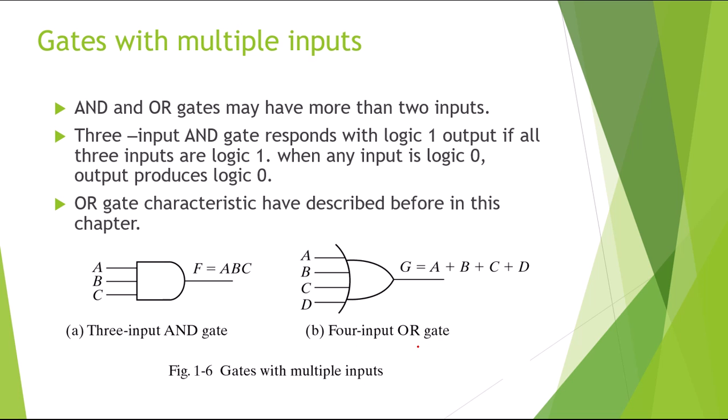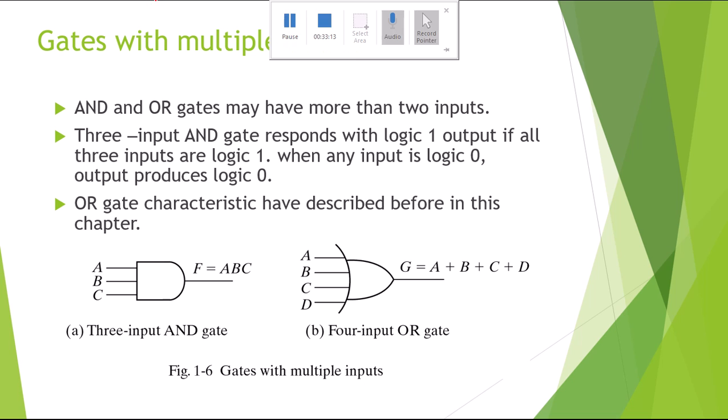Similarly, if we have a 4-input OR gate, if any one of these 4 inputs is 1, our output will be 1, and if all 4 of them are 1, we'll again have a 1. Also if one is 0 and the other 3 are 1, again we'll get a 1. So this 4-input gate will only have a 0 when all 4 inputs are 0. If any one, any 2, any 3, or all 4 inputs are 1, our output will be 1.